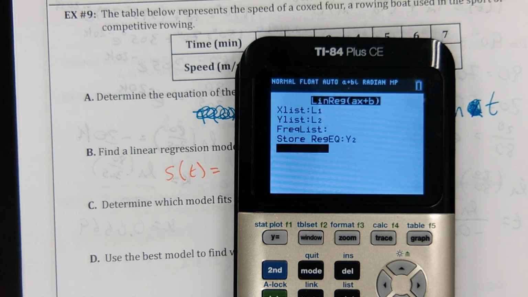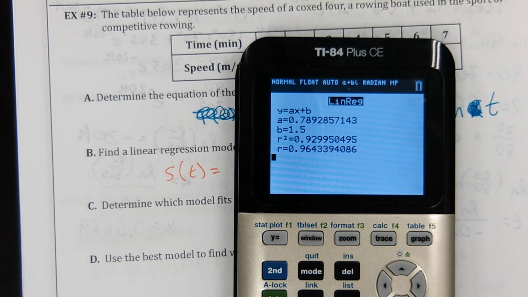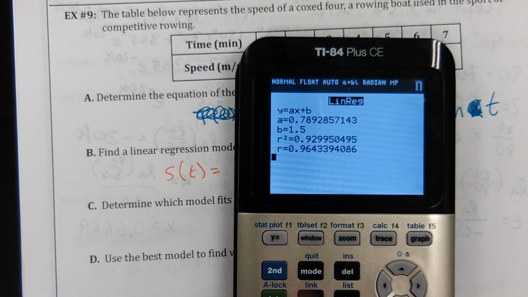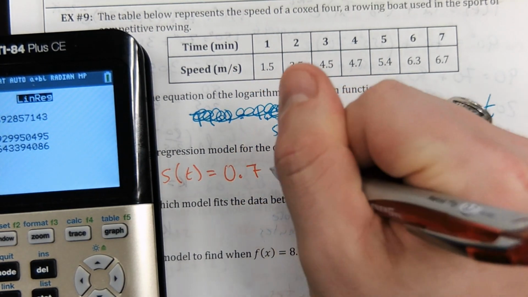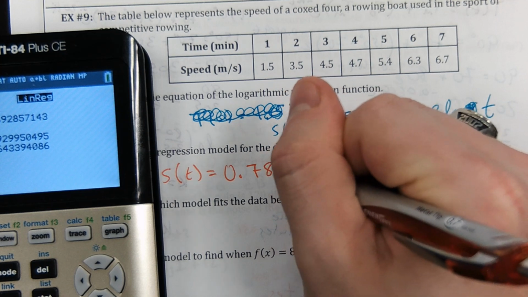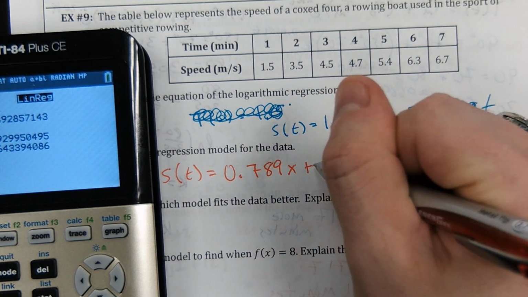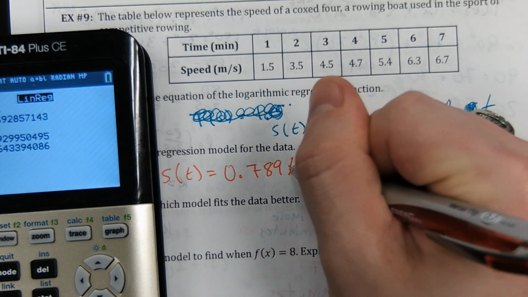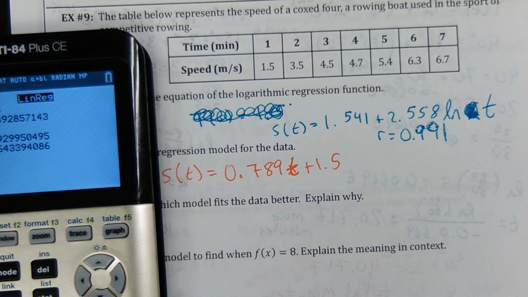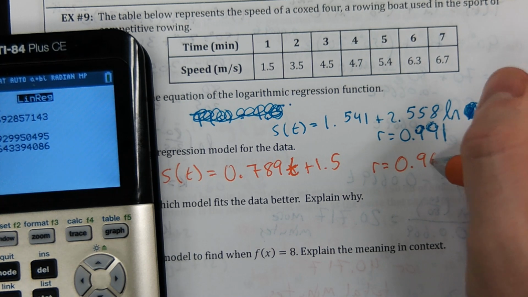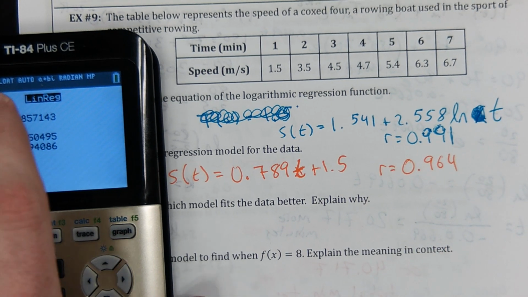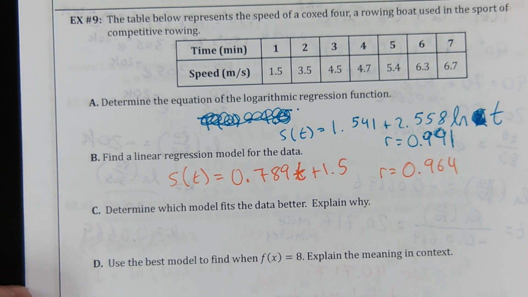But the point is, you wouldn't have known. So here we go. We've got 0.789t plus 1.5, and r is 0.964. So those are both really good models.